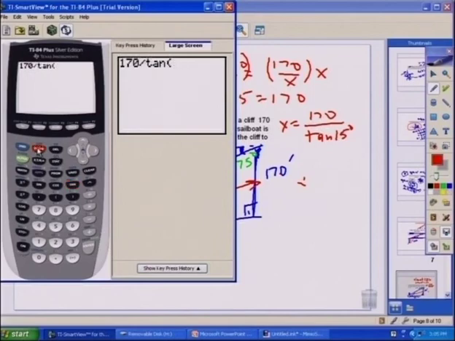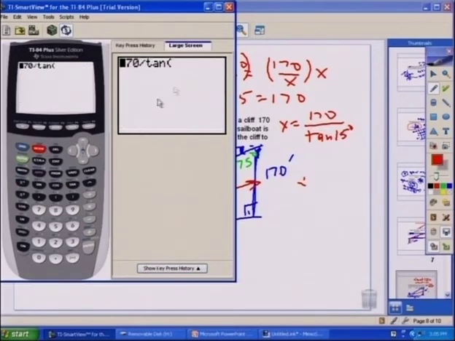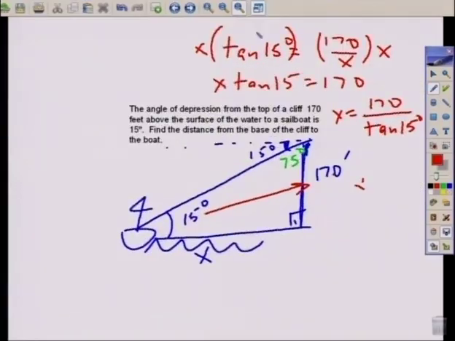I want to make sure that we are in the correct mode, which we are. Tangent of 15. 634 feet. So we got that value at approximately 634 feet.